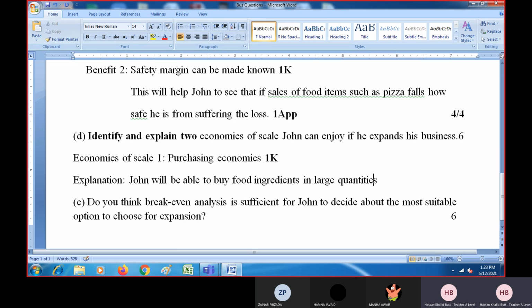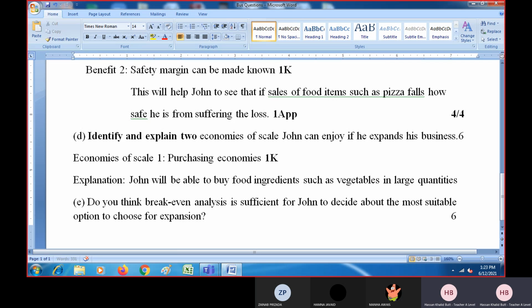Now I can write food ingredients such as vegetables, because you know that even if it's a pizza, still vegetables are one of the main food ingredients there as well. So it can be used there. Such as vegetables in large quantities.